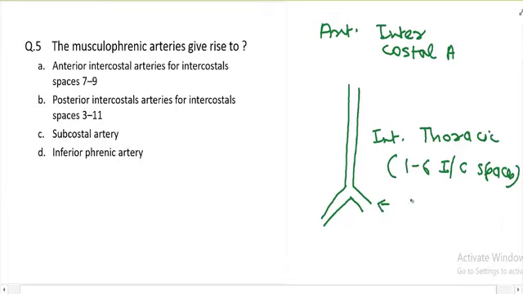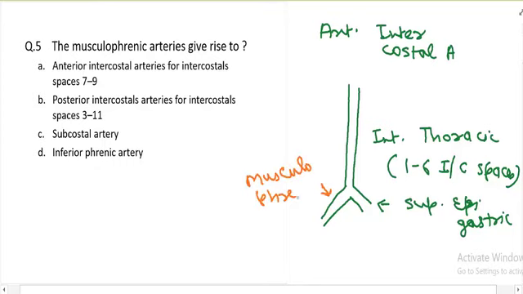This branch is superior epigastric, and this branch is musculophrenic, which supplies 7 to 9 intercostal spaces.